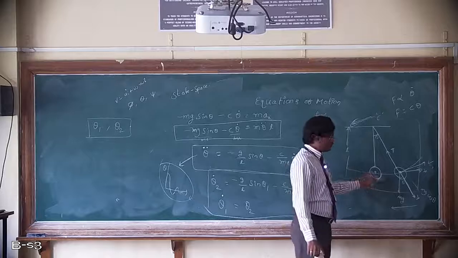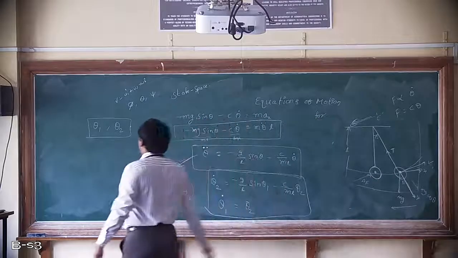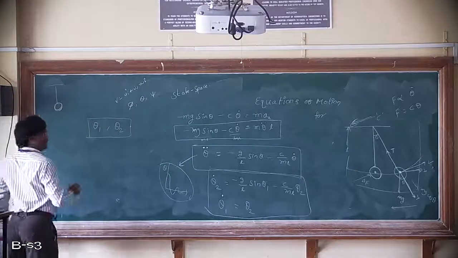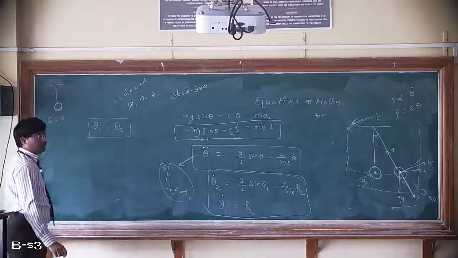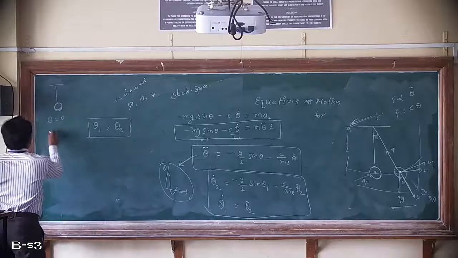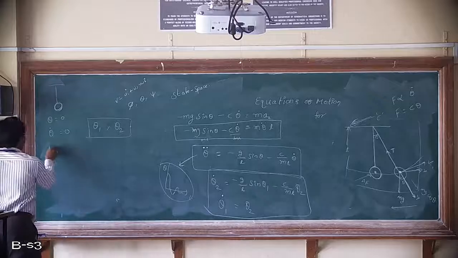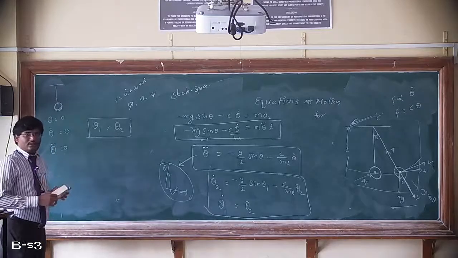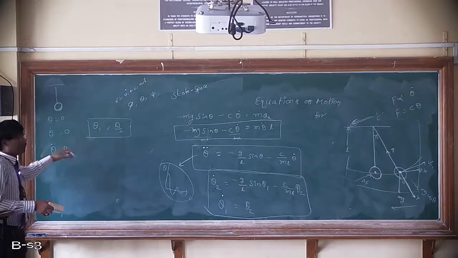Finally, the simple pendulum will come to the equilibrium condition, right here. At this equilibrium condition, theta is 0, right? There is no oscillation at all. And what about theta dot? Velocity is also 0. There is no velocity. In the same manner, theta double dot, acceleration, is also 0. Are you sure? Is that right? Theta is 0, theta dot is 0, theta double dot is also 0.